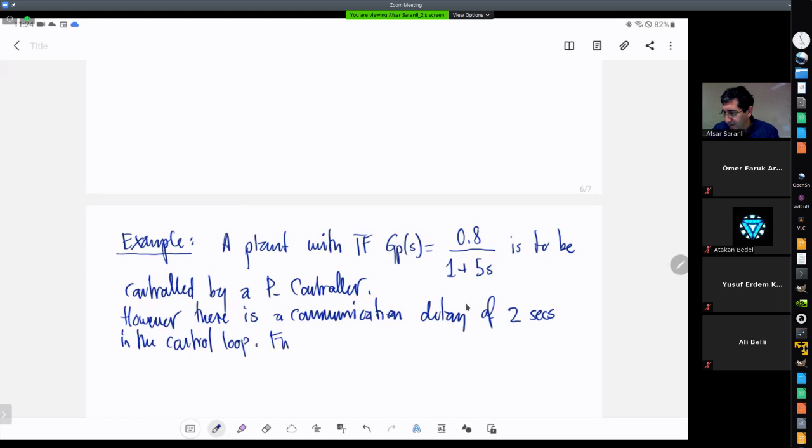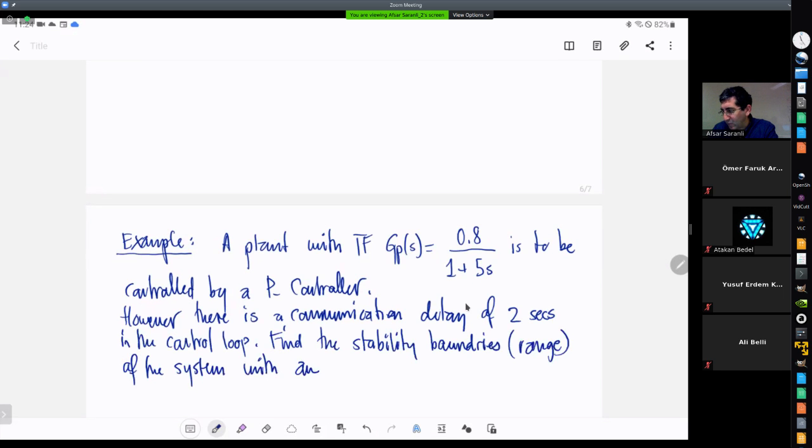Find the stability boundaries or range of the system with and without the delay present.